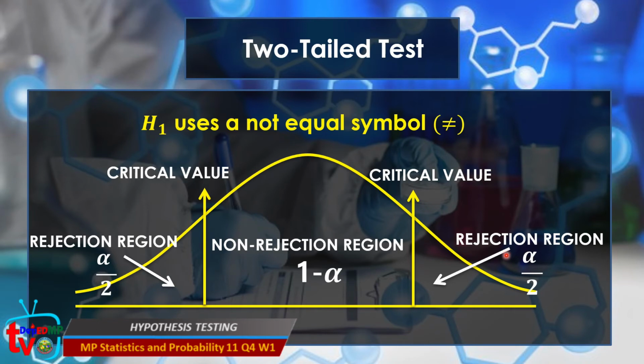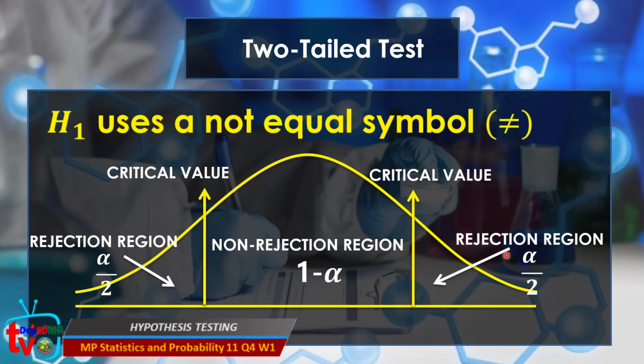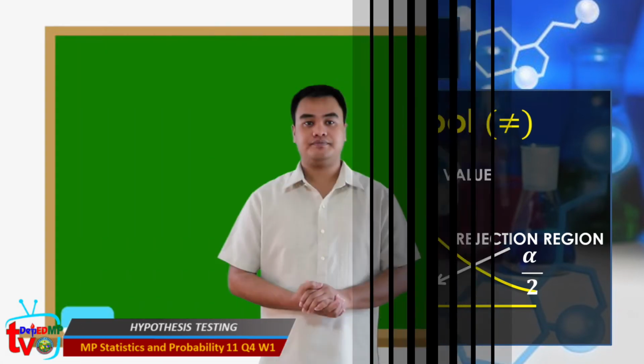If the alternative hypothesis contains the inequality symbol or the not equal symbol, then the test is two-tailed, wherein alpha, which corresponds to the rejection region, is divided equally between the two tails. That's why we have alpha over 2, and on the other side we also have alpha over 2.